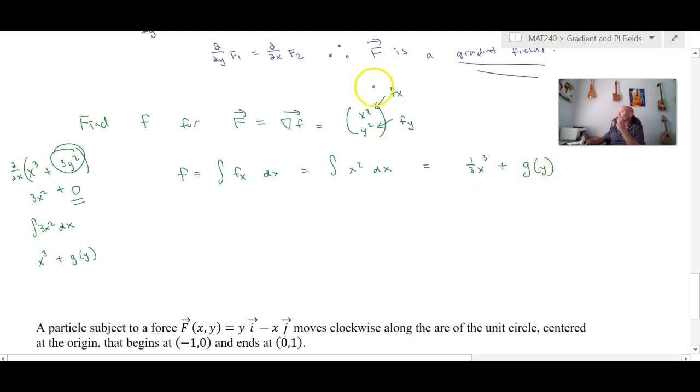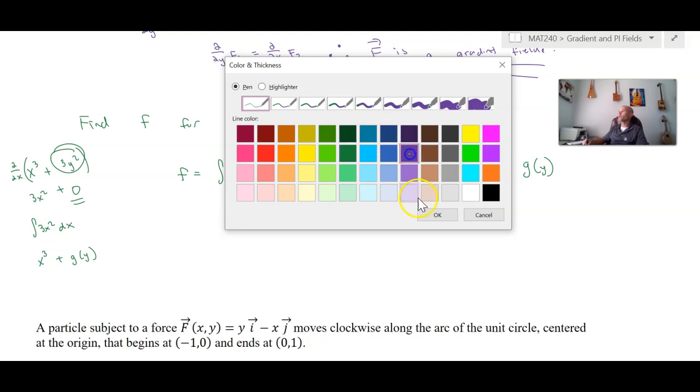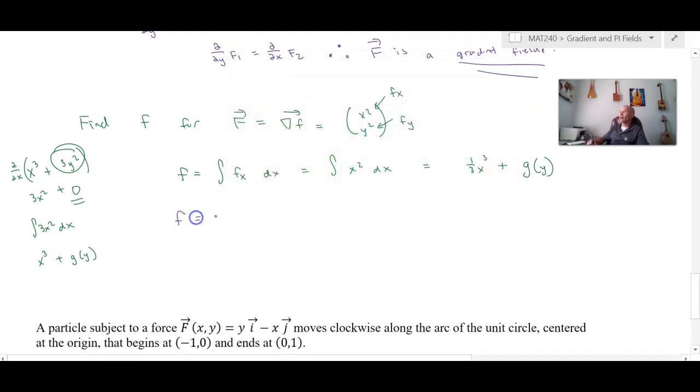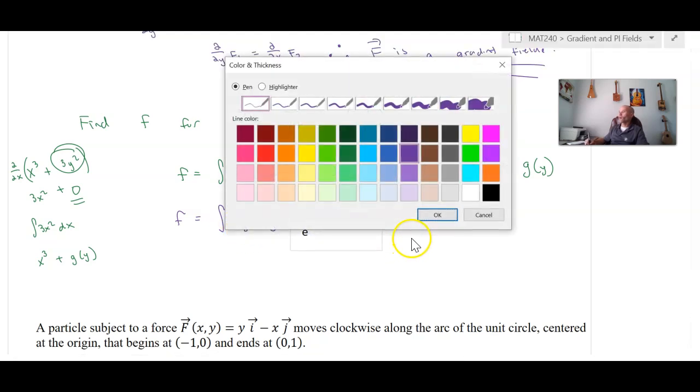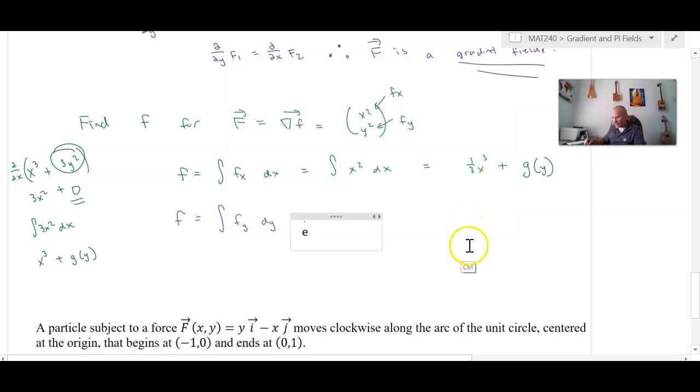So you can see that by itself, taking the integral of f sub x is not adequate. We now also need to say that f will also be the integral of f sub y dy. Okay, now that means that the integral of y squared dy will equal, well, that'll be 1/3 y cubed.